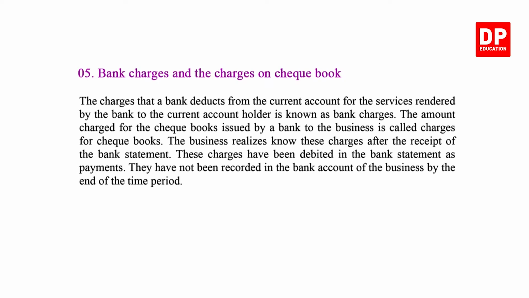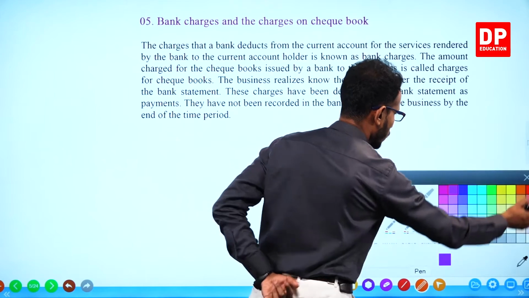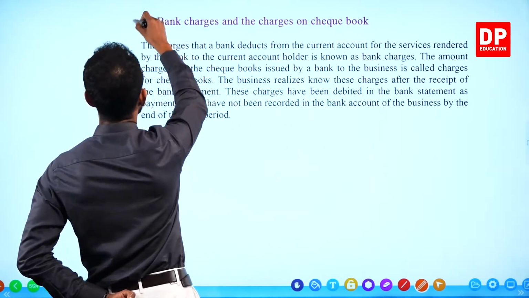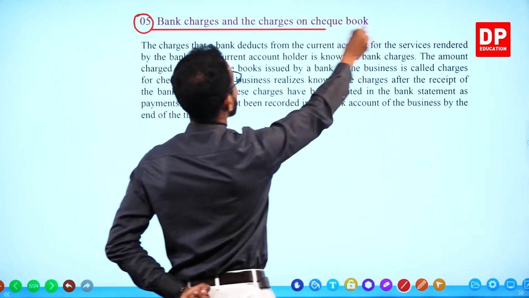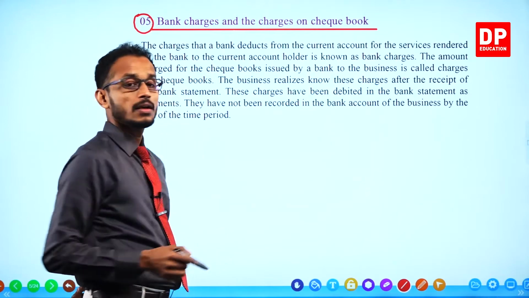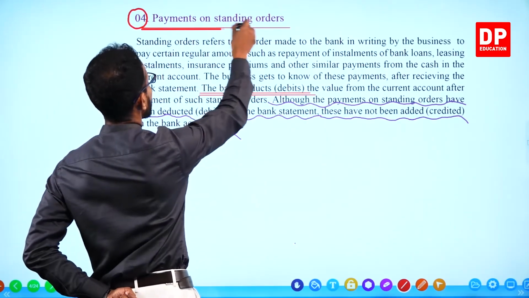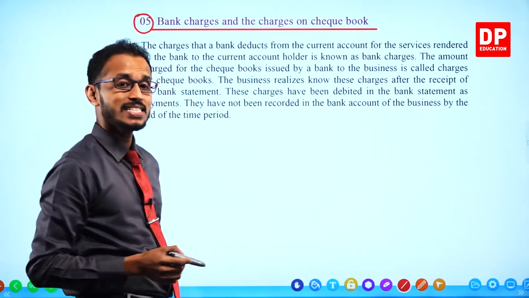Final reason? This one. Bank charges. This was the fourth one. Payments on standing orders was the fifth reason.